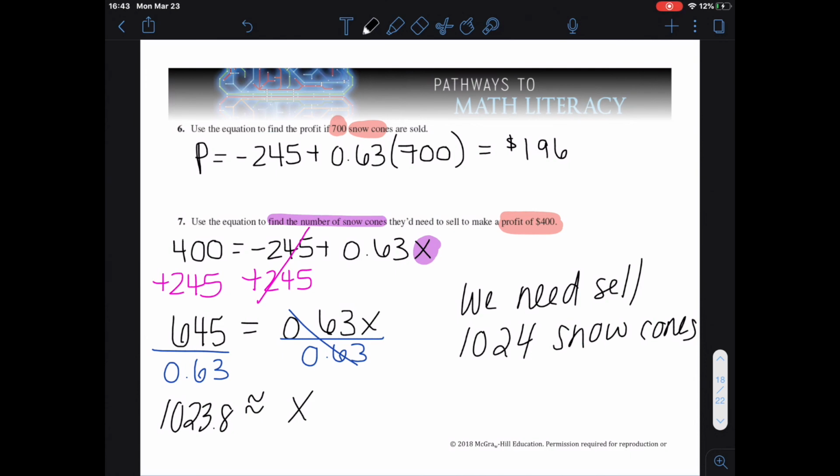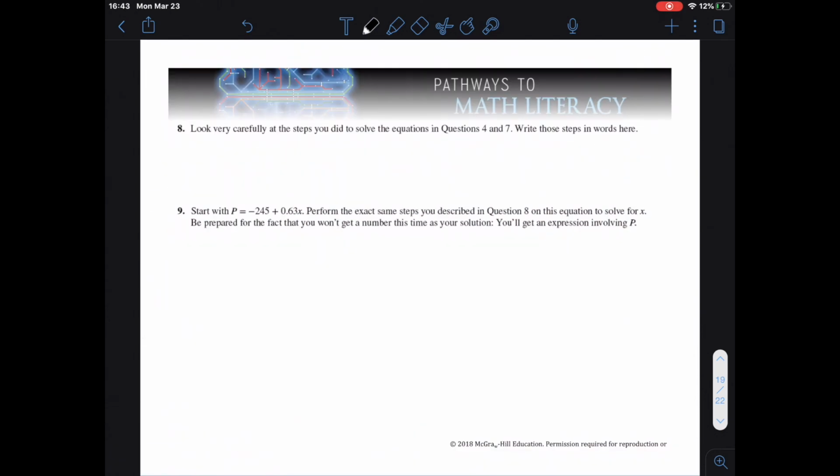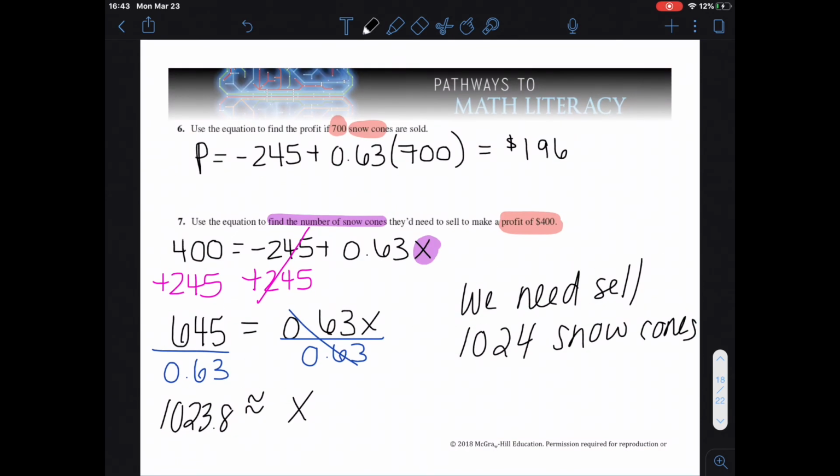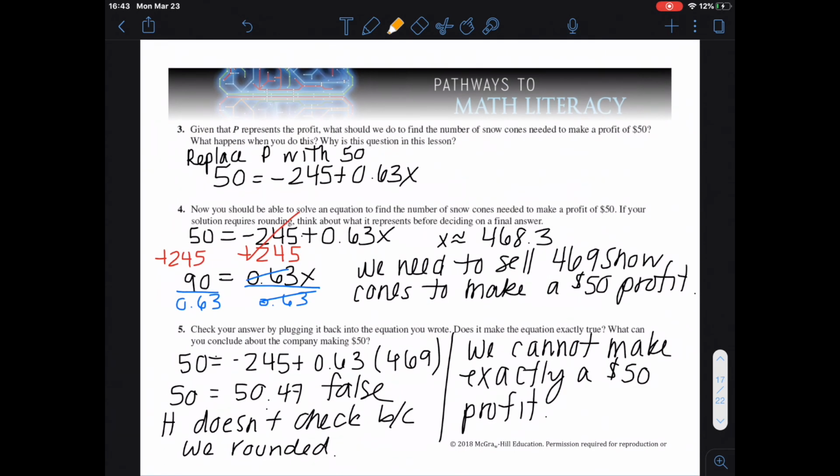All right, so now we're gonna kind of put that in words. In either one, it really didn't matter what was on that left-hand side. When we went to solve these equations, the first thing we did was we added 245. The second thing we did was divided by 0.63. Same thing in the prior equation for a $50 profit, you added 245 divided by 0.63.